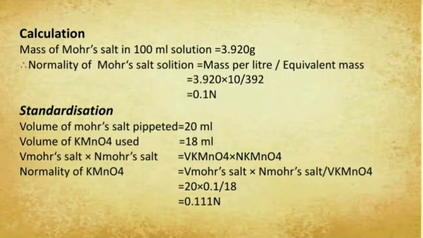From this equation, we get the normality of potassium permanganate, which is equal to volume of Mohr's salt × normality of Mohr's salt divided by volume of potassium permanganate. That is equal to 20 × 0.1 divided by 18 equal to 0.111 normal. So here we get the normality of potassium permanganate as 0.111 normal.